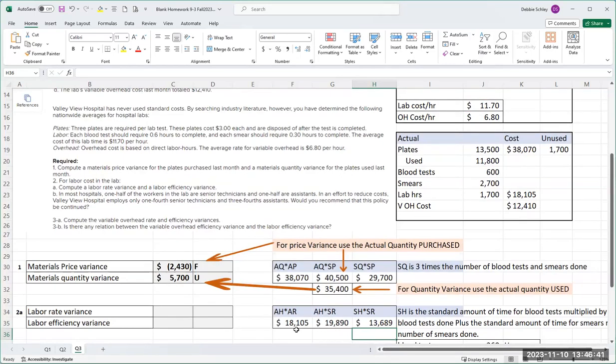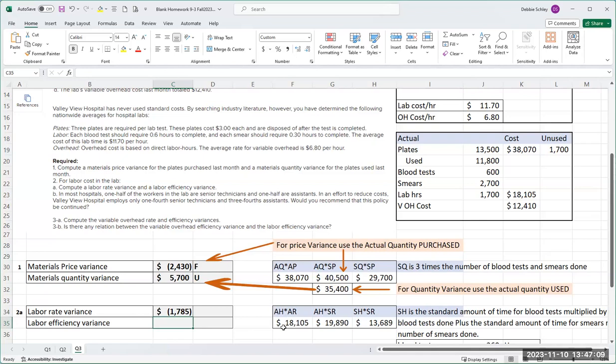Okay, now let's see, what are they actually asking me for? Labor rate variance. So labor rate variance is always, here's rate and rate. So it's the first one minus the second one equals AH times AR minus AH times SR. That's my rate variance.